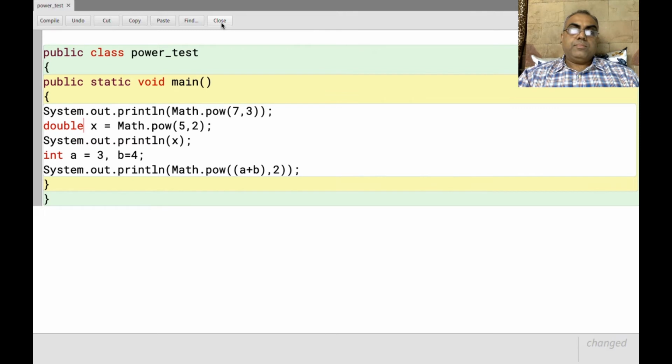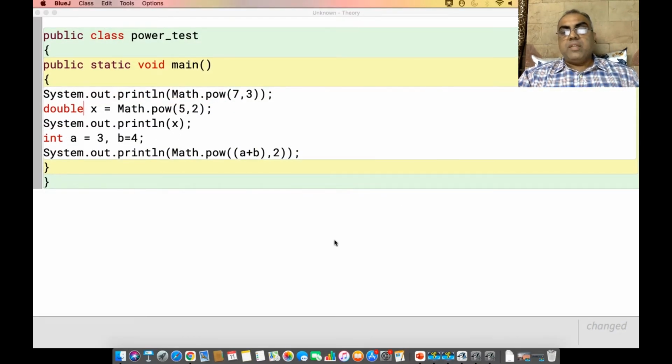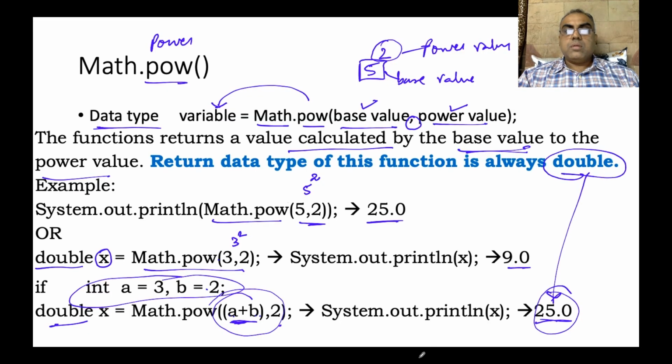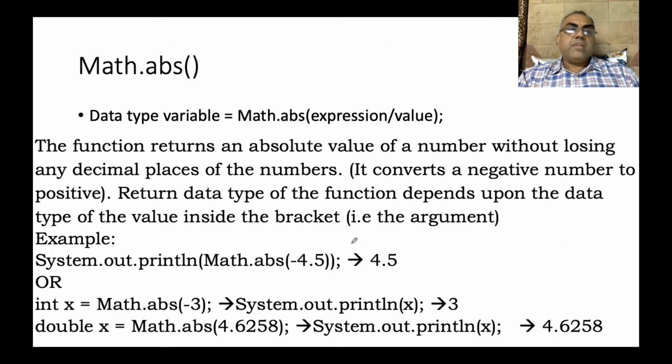Then the next function that we have in this hierarchy is Math.abs. Math.abs is the absolute value. Absolute value is again a very important function.